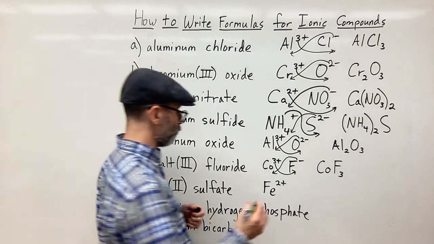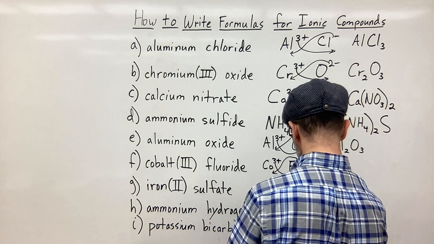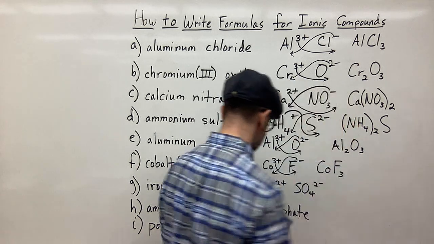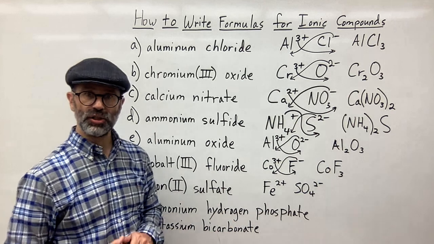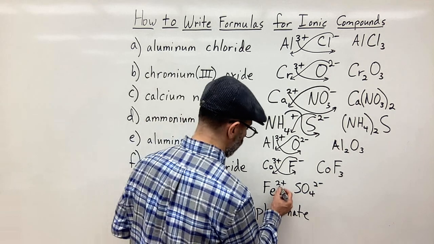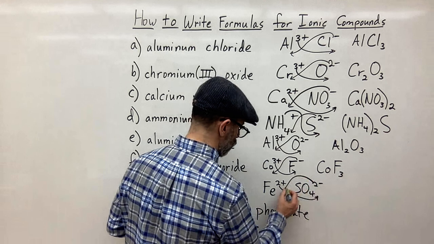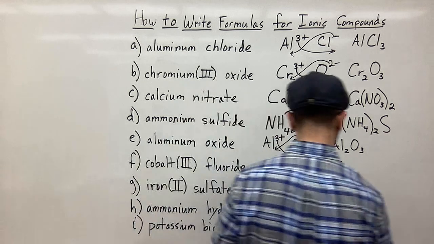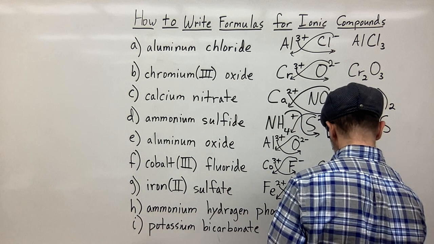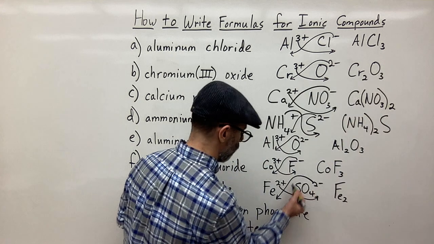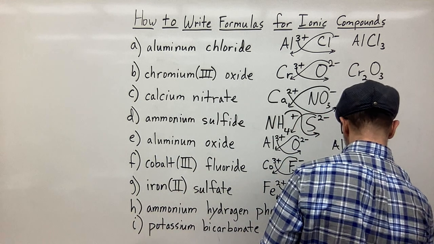You've got to know the formula and charge of the polyatomic ion. So SO4 2 minus. Now we can do our crisscross method. So we're going to put a 2 here, and then this 2 goes down here. So if you write this, it would be Fe2. And then since we have 2 of these, we have to use parentheses. So it would be (SO4)2.